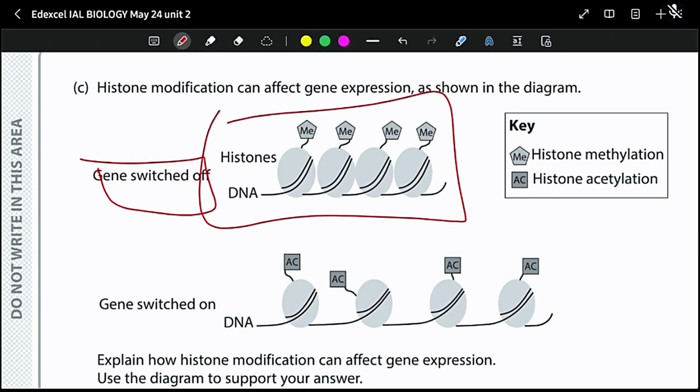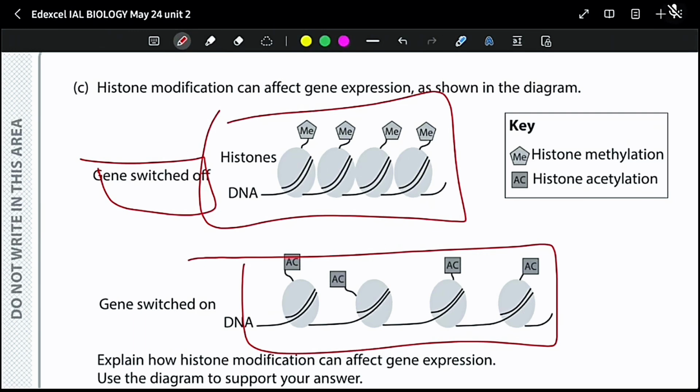And the histone acylation, we see in the picture below. So the histone acylation involves the addition of an acetyl group, which is the COCH3 group. And this will cause the histones to be spaced farther apart. So these histones are spaced even farther apart, and it will make the DNA less tightly wrapped, which we call euchromatin.